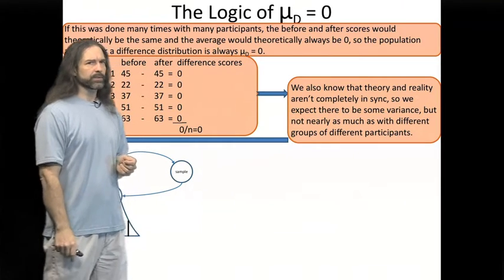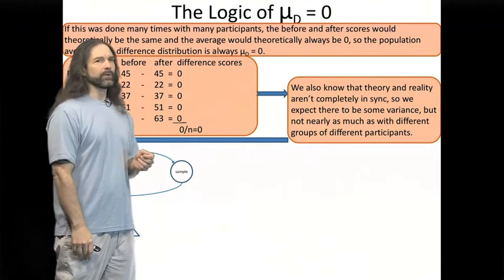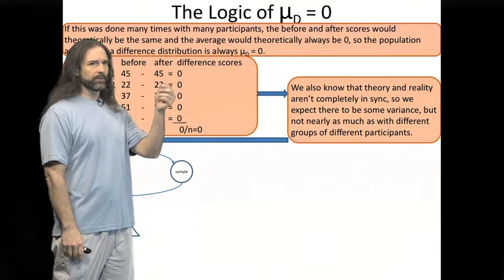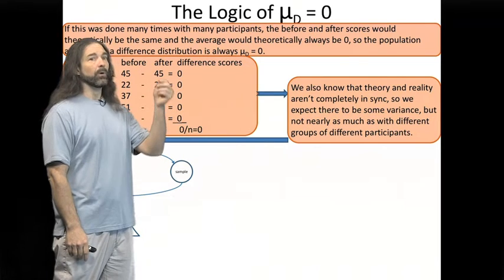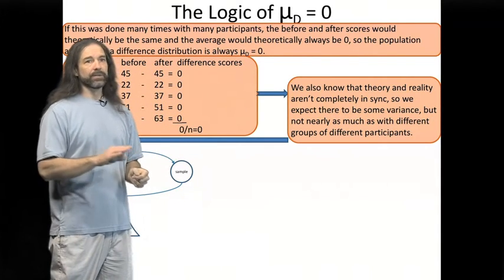Why this works is because probability tells us that over an infinitely large number of samples, even if some of these are slightly higher than 0 and some of them are slightly less than 0, in the end, when I add them up, I'm going to have 0.